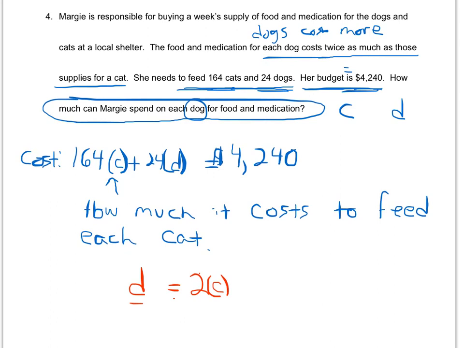How much would it cost for the dog? Well, you would do 2 times the $5, and you would say the dog is 10. Okay, so the food and medication for the dog costs twice as much as those supplies for the cat. This equation right here models that. 2 times the C is equal to the cost of the dog. So there's our second equation.